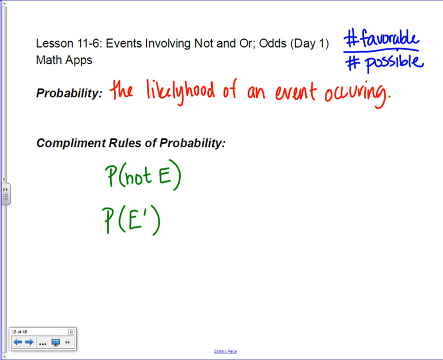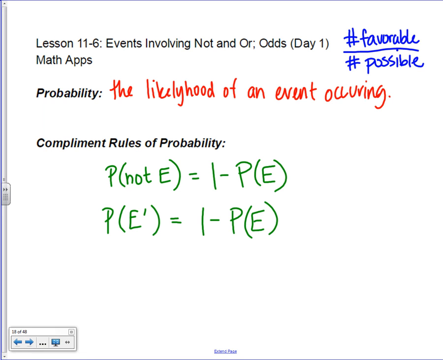And in order to calculate it, you're going to do 1 minus the probability of an event happening. So basically, you're going to subtract off every time it does happen. And if you want to use the notation with the apostrophe, it's the same thing. The probability of an event not happening is 1 minus it actually happening.